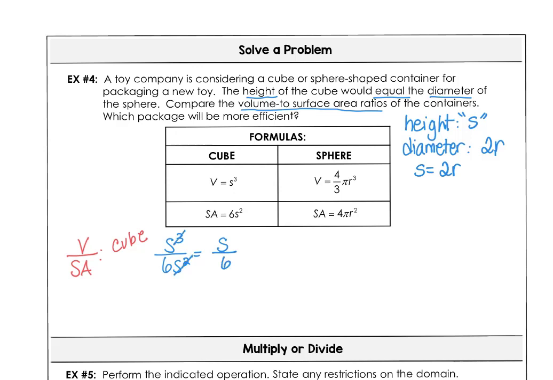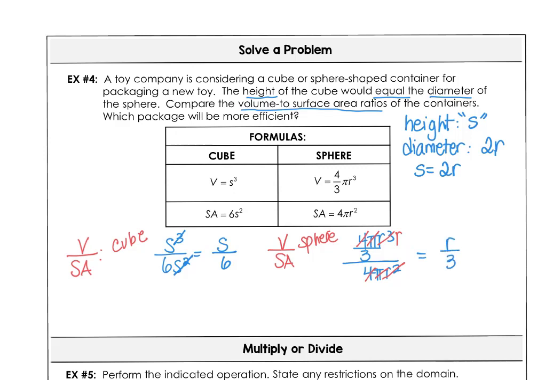And then the volume to the surface area for the sphere, doing the same thing for that shape: volume is 4/3 pi r cubed, and we're dividing that by 4 pi r squared. In that case, we can eliminate an r squared and a pi, and leave an r. We can also eliminate a 4 and a 4. So that ratio is r over 3.